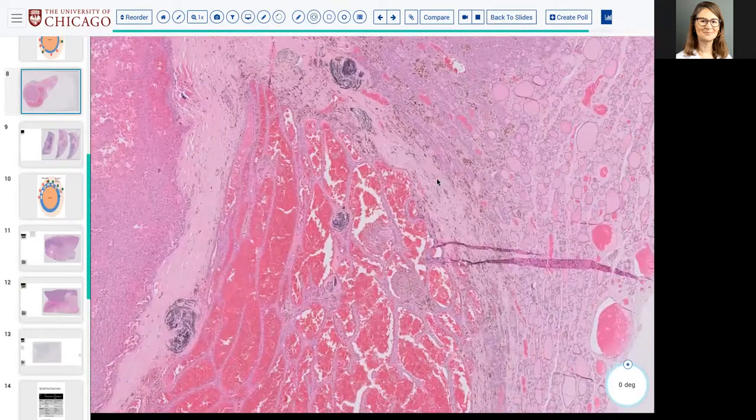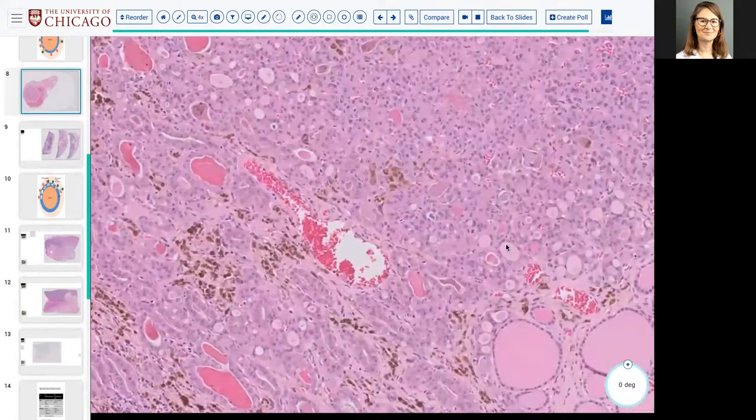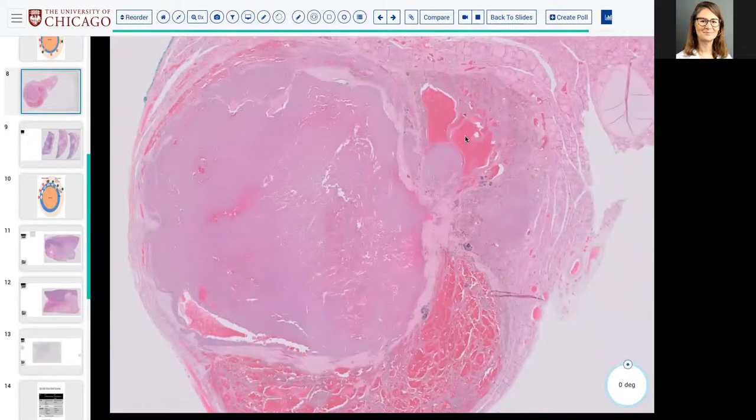You could call this minimally invasive Hürthle cell with capsular invasion, or you could call this atypical Hürthle cell neoplasm with fibrosis, favor FNA infarct. Because Hürthle cell neoplasms are so sensitive, unlike regular follicular neoplasms, they're so sensitive to FNA. Weird things can happen: hemorrhage, infarction, architectural irregularities.